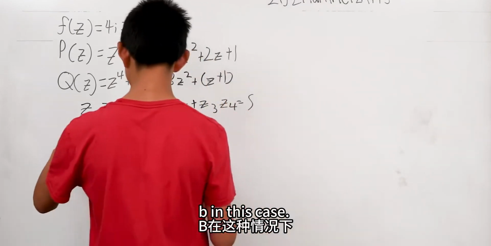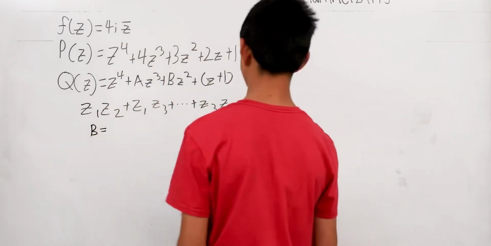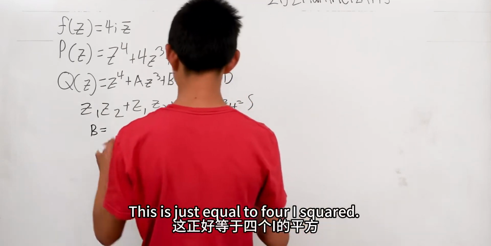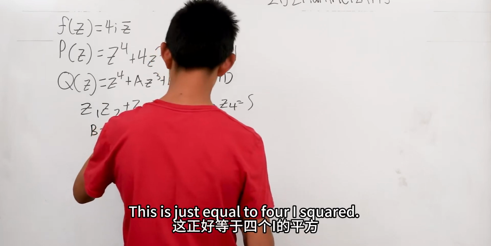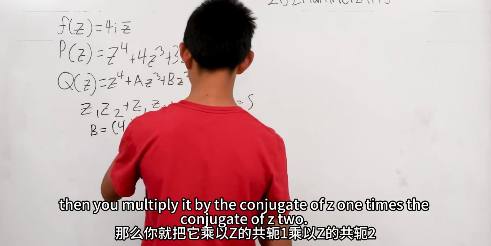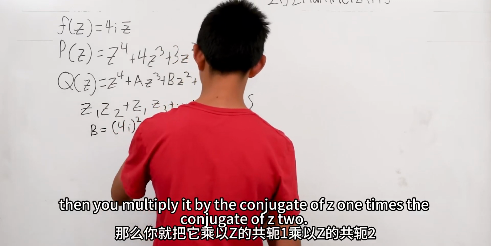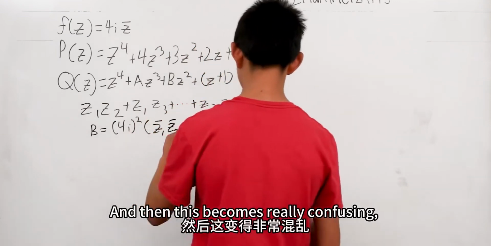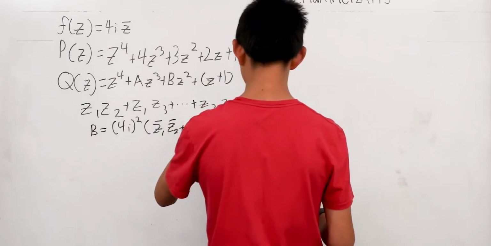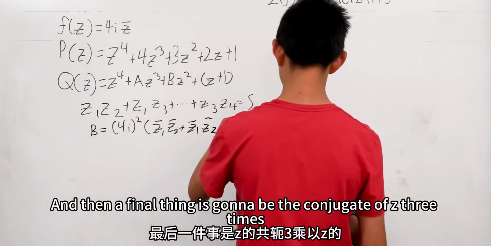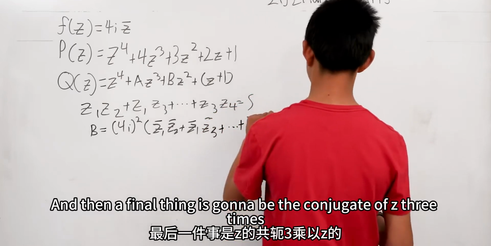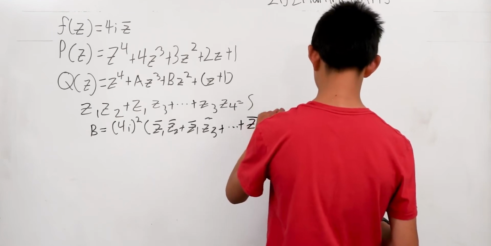So b, in this case, is, well, this is the conjugate of z here, so this is just equal to 4i squared, since you're squaring the z portion here, multiplied by the conjugate of z1 times the conjugate of z2, and so on, until the conjugate of z3 times the conjugate of z4.